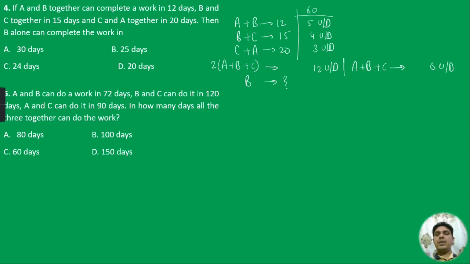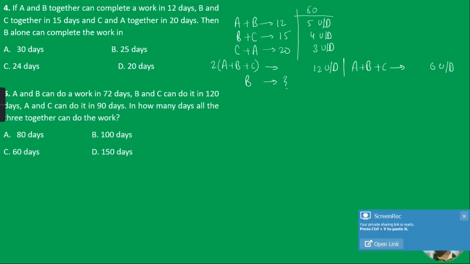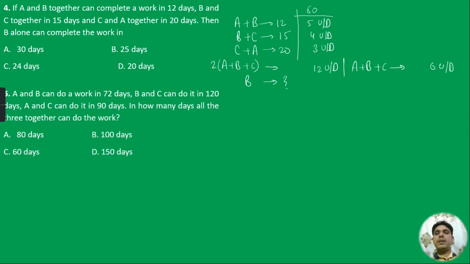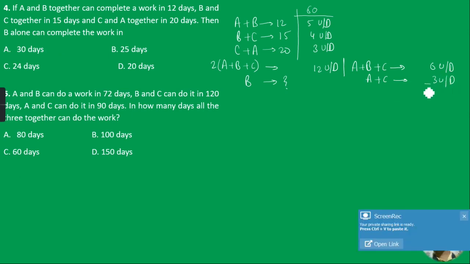Now if the one day work of ABC is 6 units per day, then how do we find the one day work of B? So subtract the one day work of A and C from this. What is the one day work of A and C? One day work of A and C is 3 units per day. So when subtracting, we will get 3 units per day.